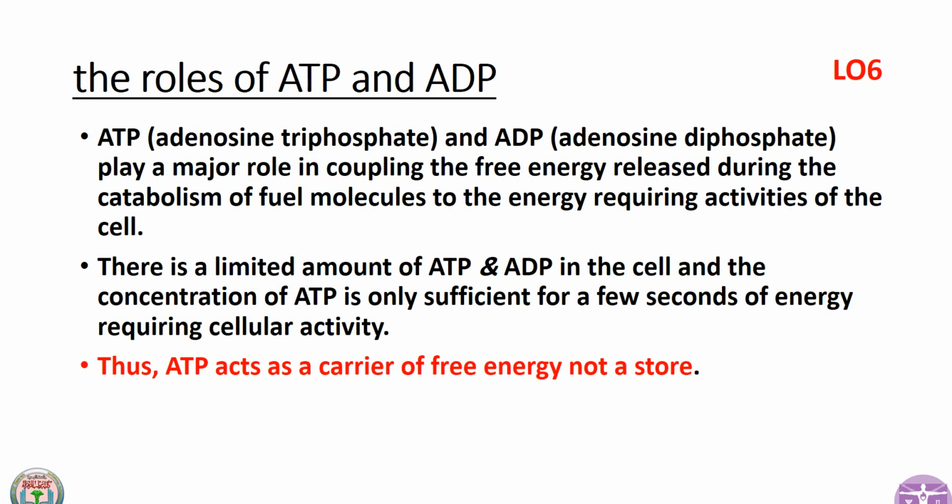There is a limited amount of ATP and ADP inside the cell, and the concentration of the ATP is only sufficient for a few seconds of energy requiring cell activity. Thus, the ATP acts as a carrier of free energy and not a store.